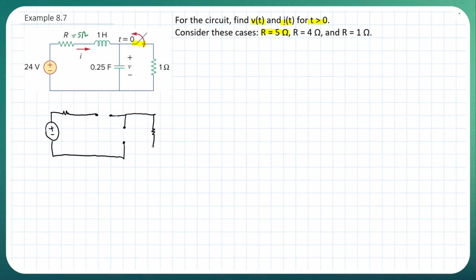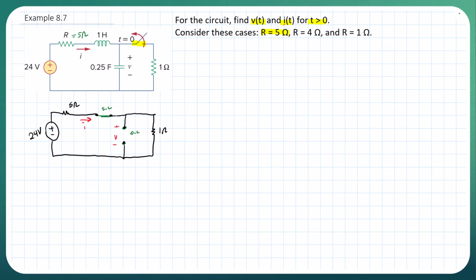Initially, since it was in steady state, the inductor is going to be a short circuit, while the capacitor is going to be an open circuit. This is going to be 5 ohms, and this is going to be 1 ohm. Then we have 24 volts coming in here. The current we're measuring is I, and the voltage, plus or minus, is what we're trying to determine.